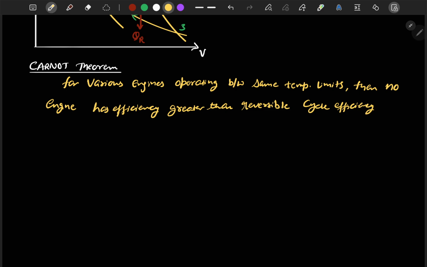From this we can say that the efficiency of an irreversible engine can never be more than the efficiency of a reversible engine when operating between the same temperature limits.